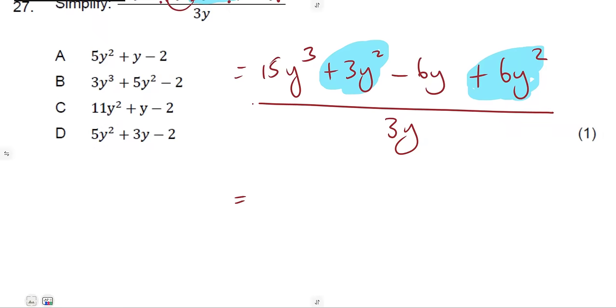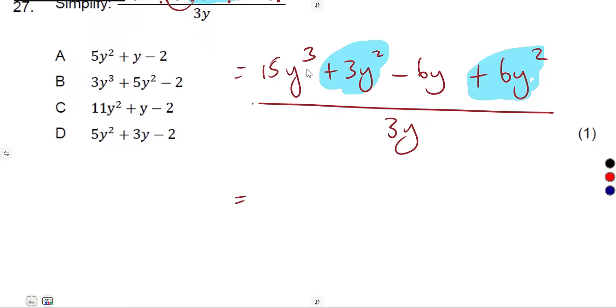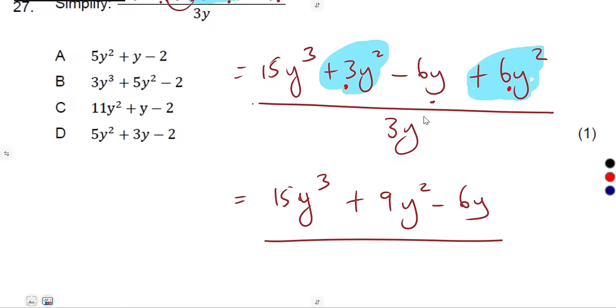Add the coefficients. All right, so in the order of exponents, starting with the highest exponent, 15y to the exponent of 3. Okay, so here we're going to add 3 plus 6, which is 9. So that's 9y squared minus 6y, this one. Everything over the denominator, which is 3y.